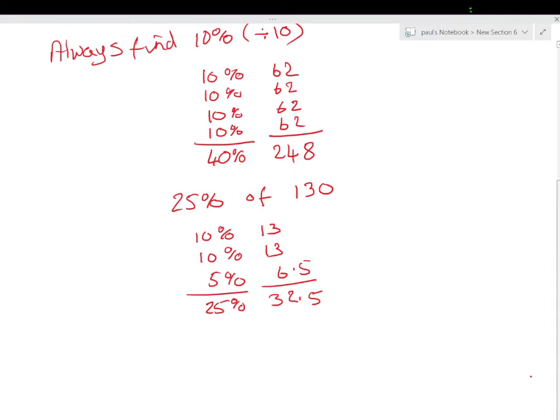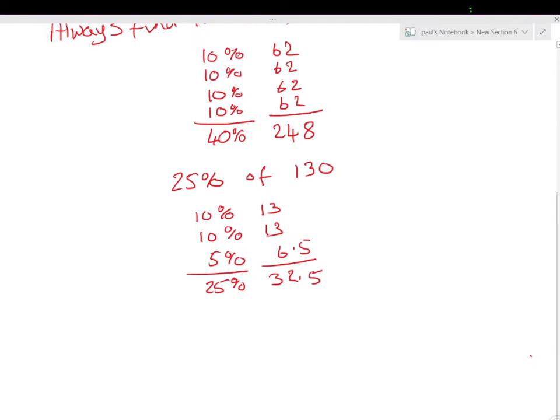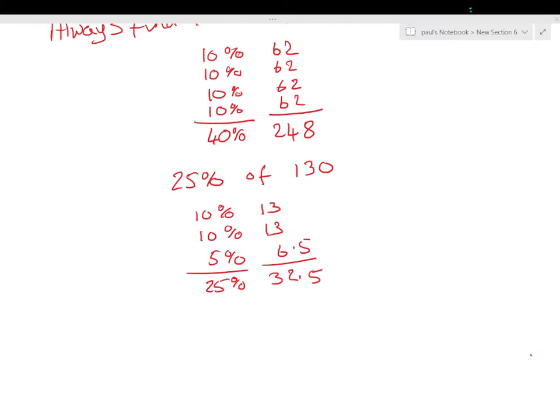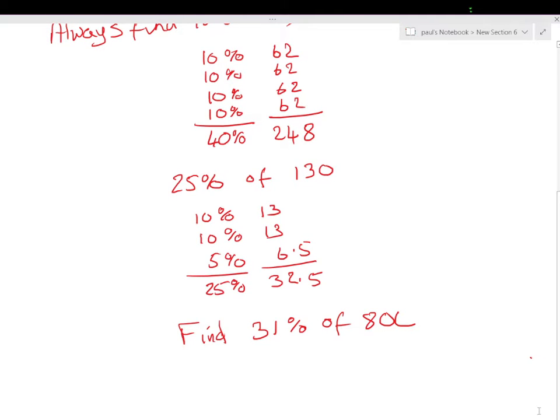Can't go down for some reason. Come on. We've used the 10%. So let's find 31% of 804.